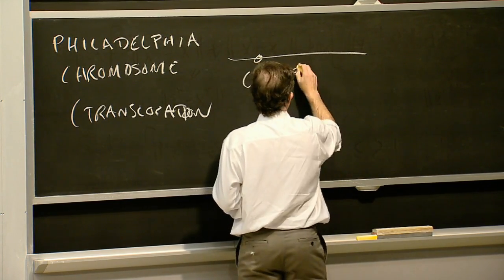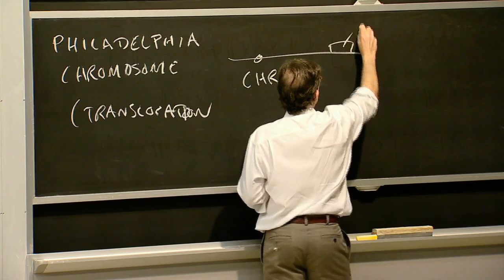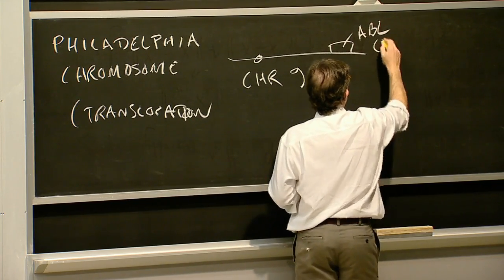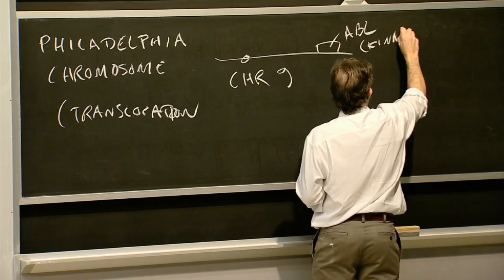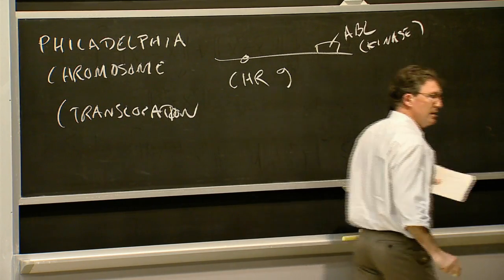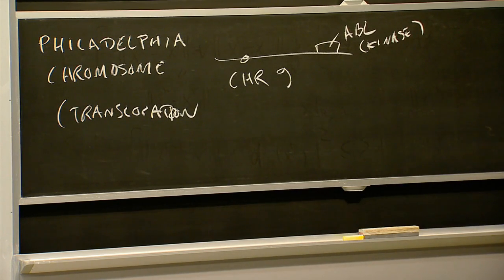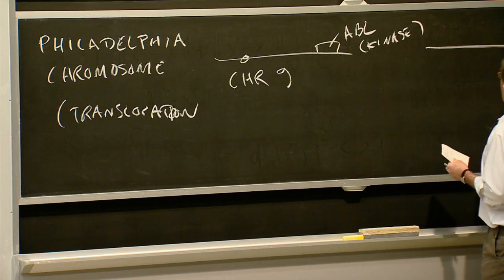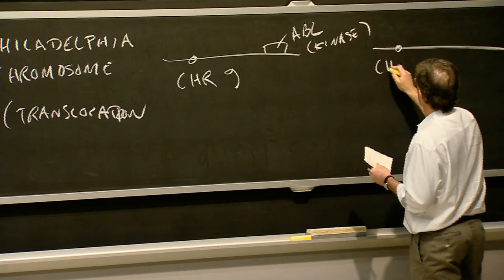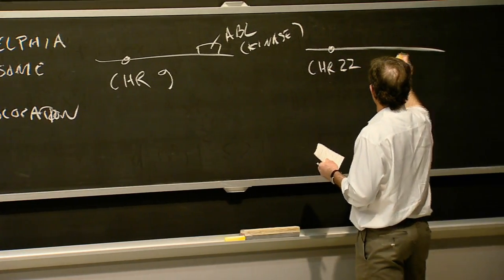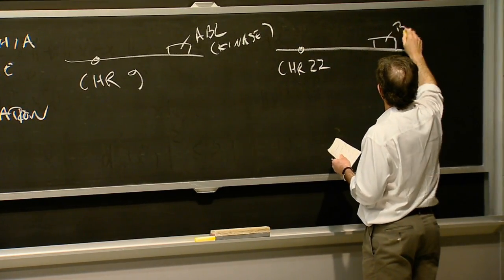Chromosome 9, which has a gene on it called ABL, which encodes a protein that is a kinase involved in phosphorylating other proteins. And chromosome 22, which has another gene called bcr.